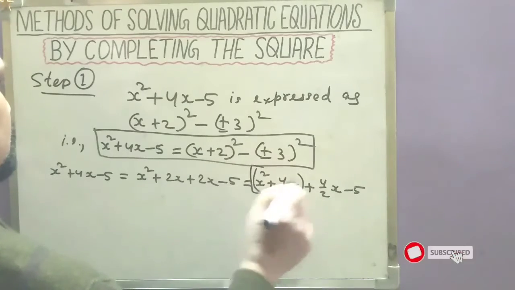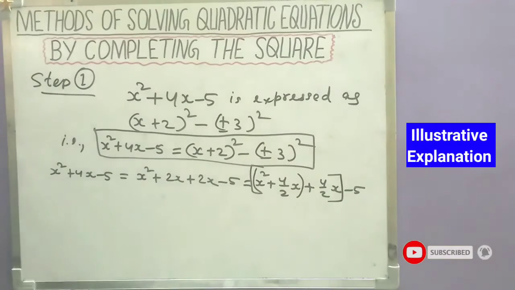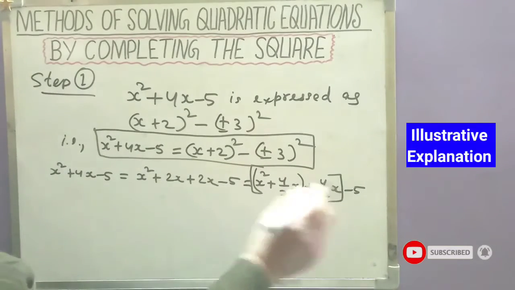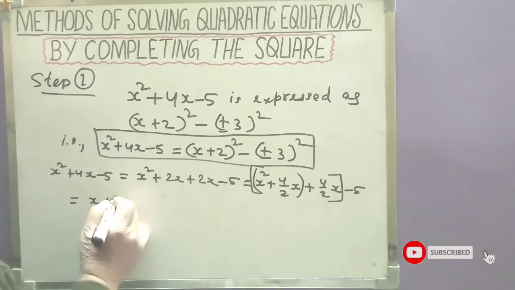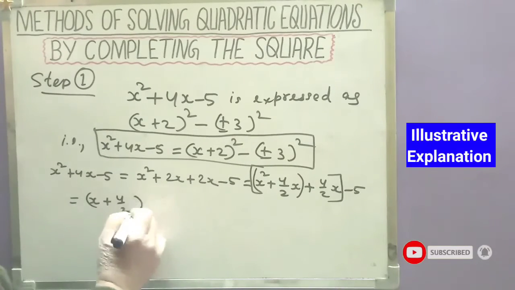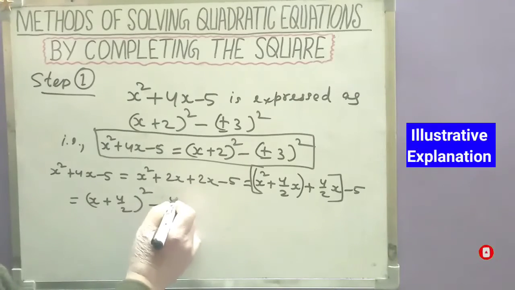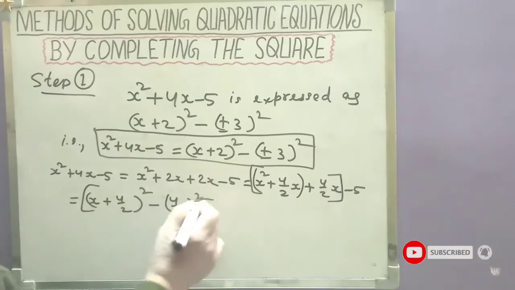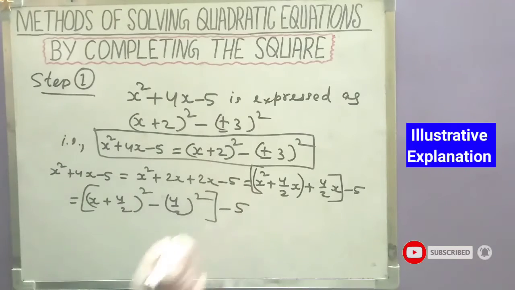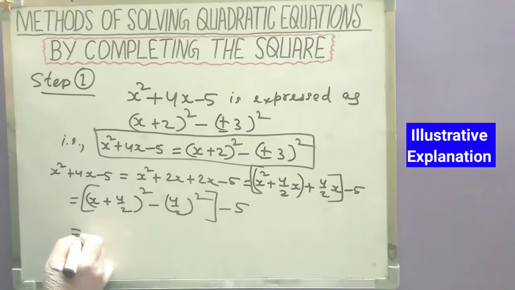Now group in this manner. That equal to whole square of x plus 4 upon 2 minus whole square of 4 upon 2 minus 5.